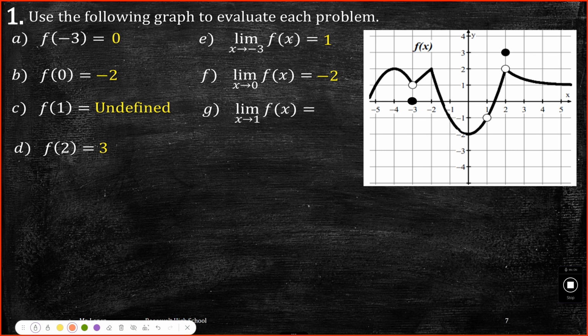Is that what you said? It is -1. The limit as x approaches 1, you're coming from the left and coming from the right. It doesn't matter what this is. Eventually we'll see, but who cares if it's defined or not defined? We're approaching -1. So it is -1.